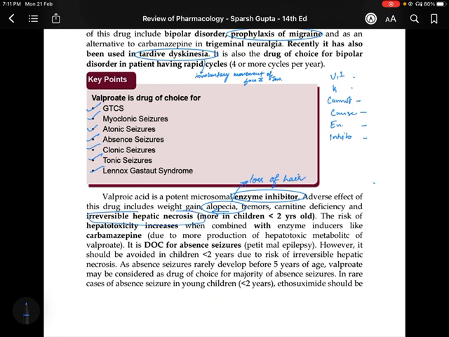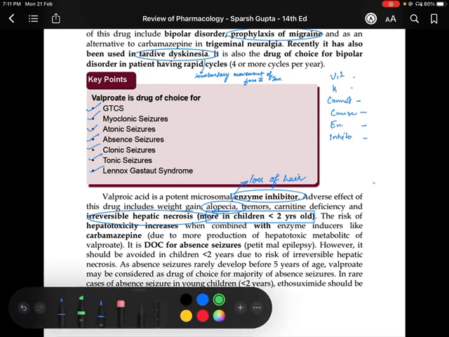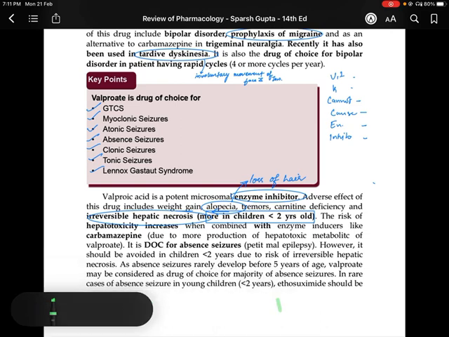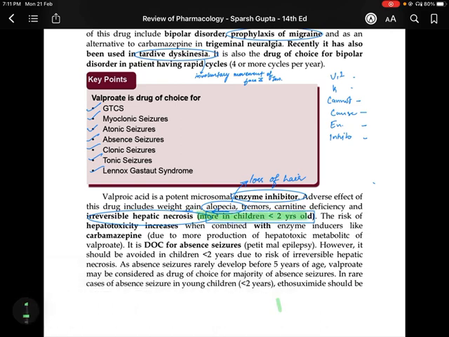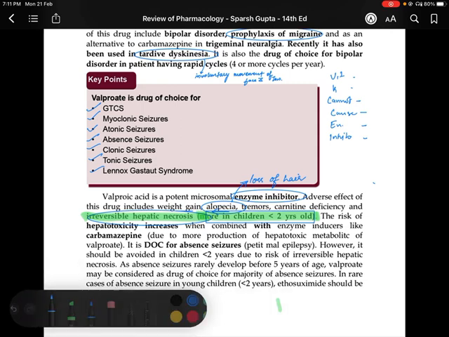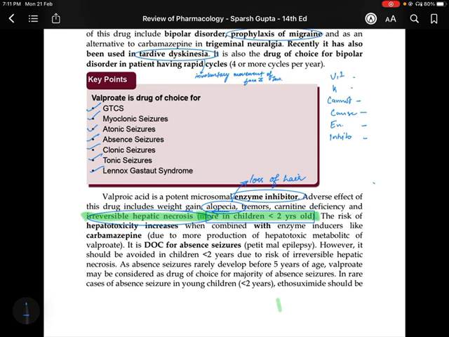Irreversible hepatic necrosis is one of the things that it causes, and more in children less than 2 years of age. And the risk of hepatotoxicity increases when combined with enzyme inducers like carbamazepine.